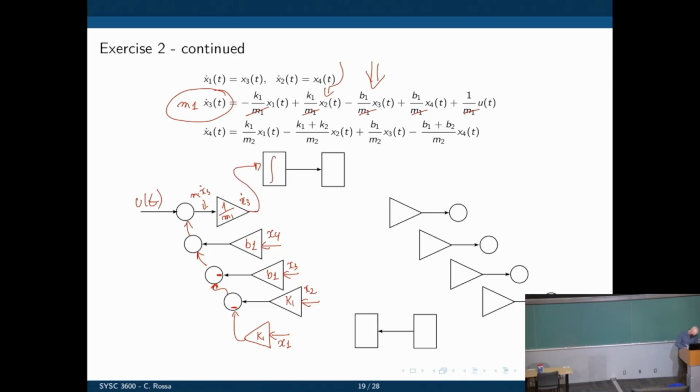Take the integral, and the integral is X3. Interestingly, we have an expression for X3. X3 equals X1 dot. So I can integrate this again to get X1.